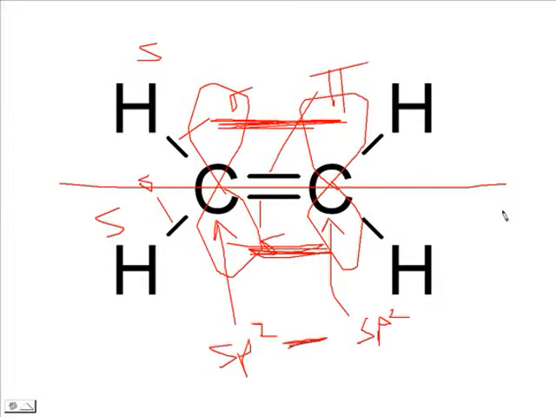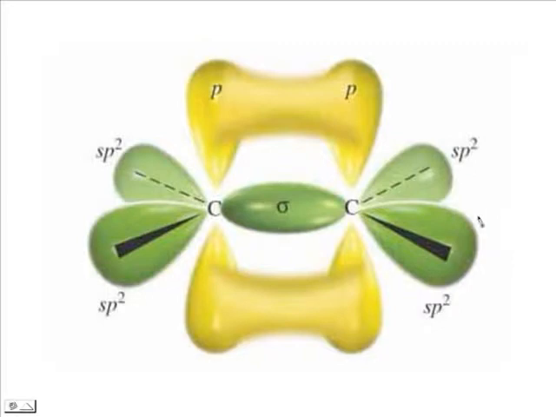Let's look at a picture from the book. It would look like this. There are my 2 carbons. Now, they don't have the hydrogens. You could draw in your hydrogens. That's really a bad sphere. You could draw in your s orbitals from the hydrogen, and you would have that sigma overlap for the electron that's in the s orbital of the hydrogen and the sp2 hybrid.